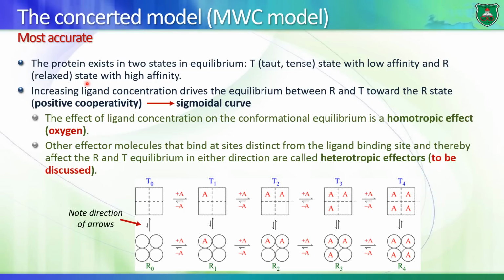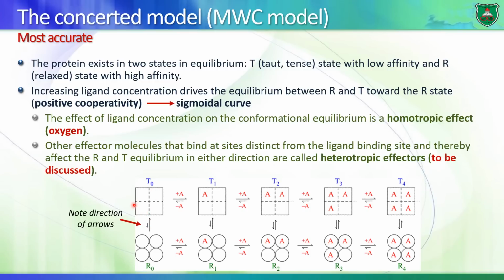So what happens is the following. These two structures exist in equilibrium. So T would change to R and R to T. In the absence of oxygen, hemoglobin exists more in the T state than the R state. Now note the direction of the arrows.